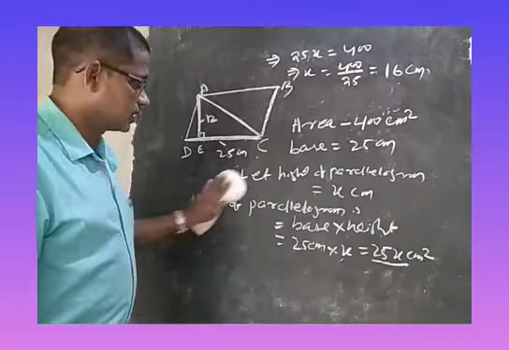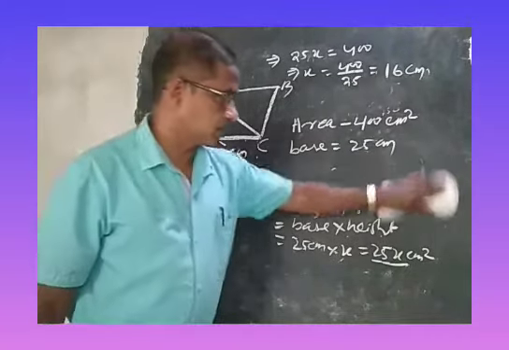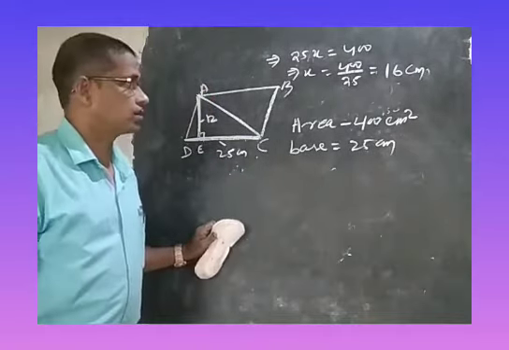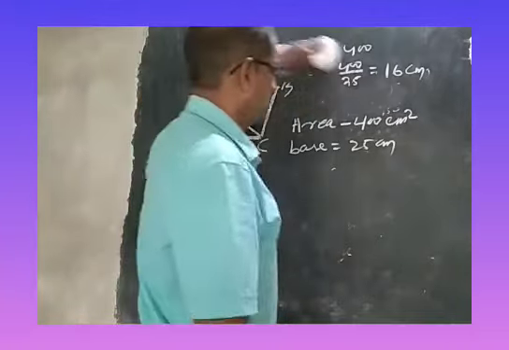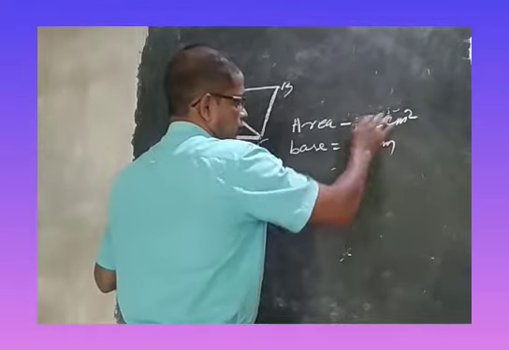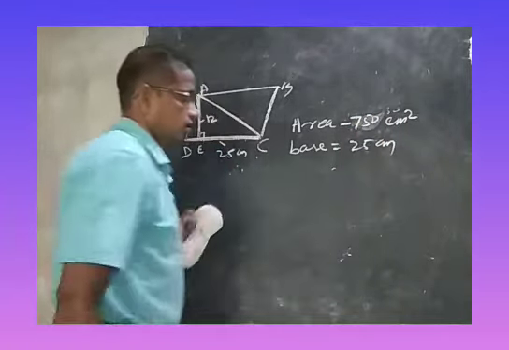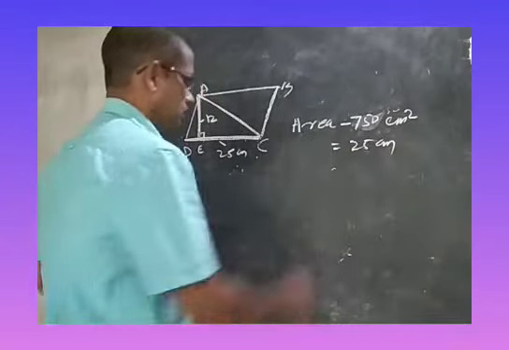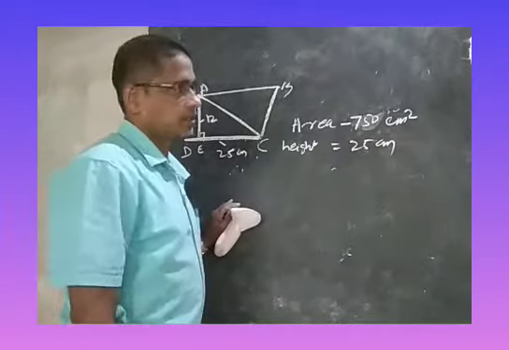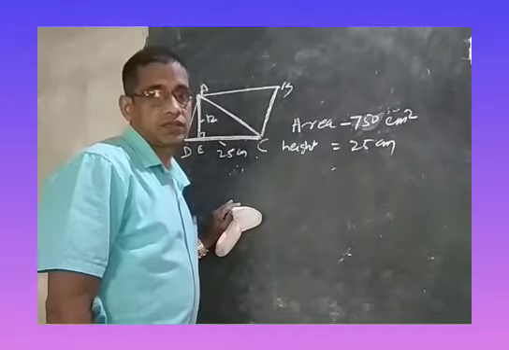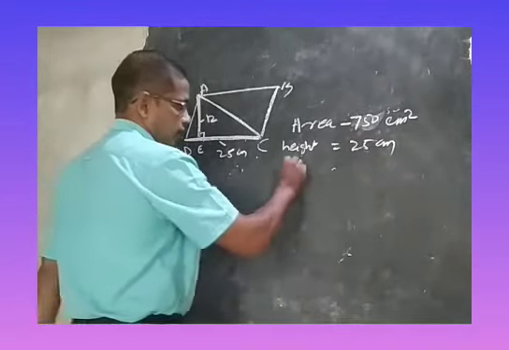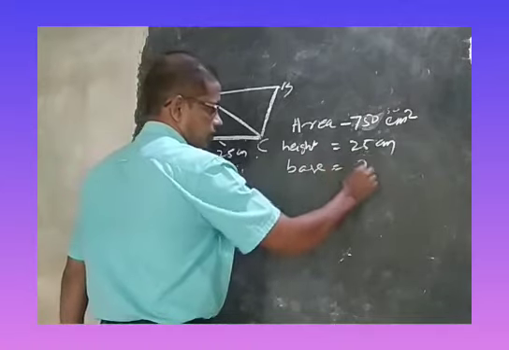Here the area is given, the height is given, and it asks us to find the base of the parallelogram. If the area is given as 750 square centimeters, and the height is given as 25 centimeters, then the question asks to find the base of the parallelogram.